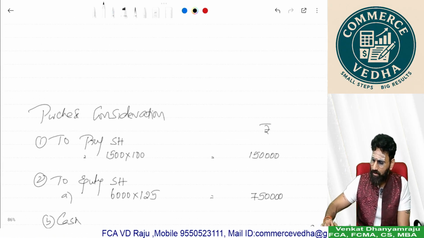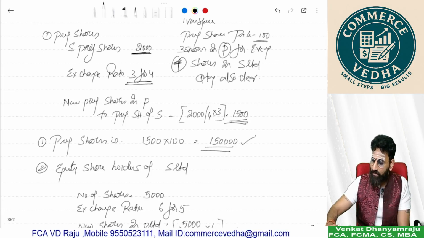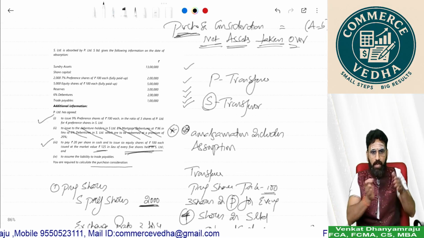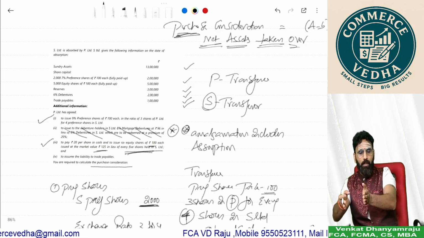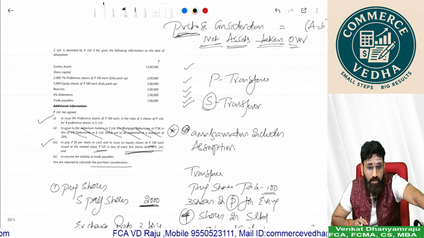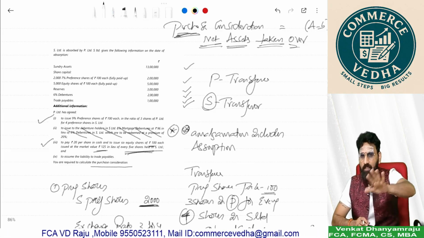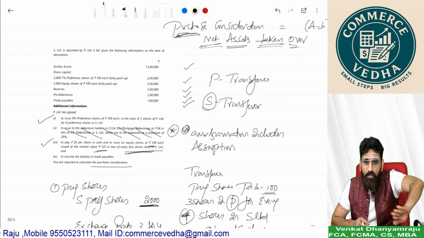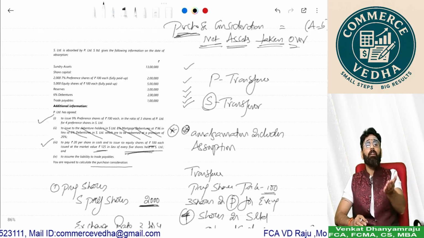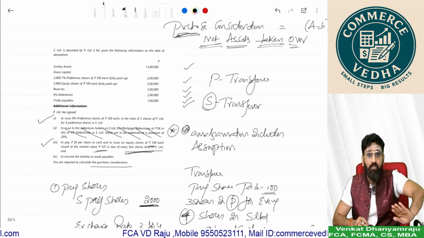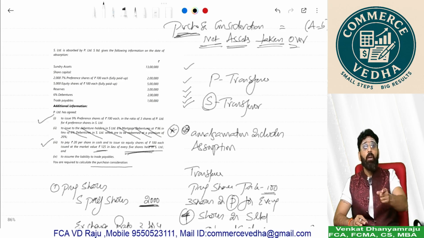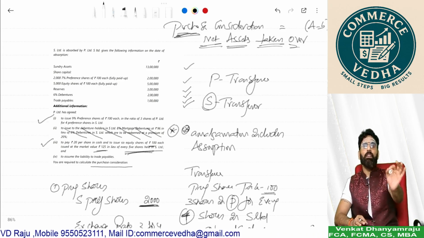The question specifically says to give 1,500 preference shares in P to S Limited preference shareholders, and give 6,000 equity shares in P to S Limited equity shareholders, and give 1 lakh cash to equity shareholders.